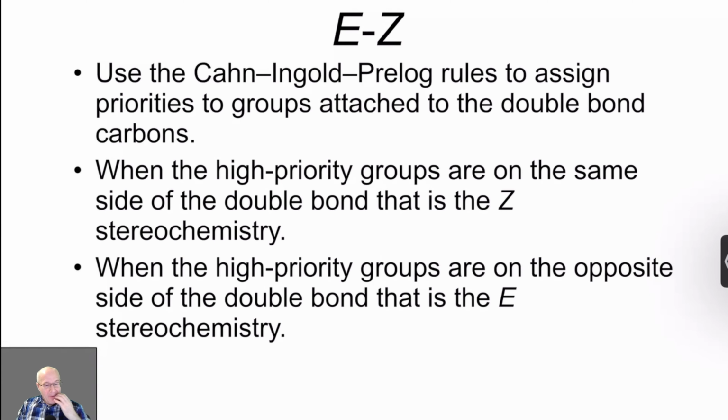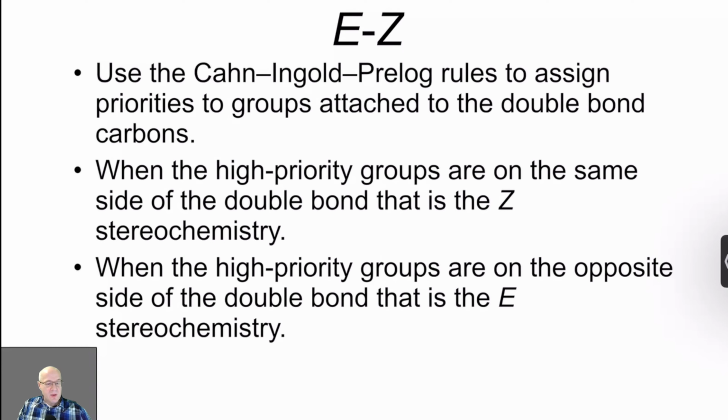So, remember the Cahn-Ingold-Prelog rules. It's all about priority, right? It's all about who has the higher atomic number. So don't forget that. When the high priority groups are on the same side of the carbon-carbon double bond, that is the Z stereochemistry. Just write this down.